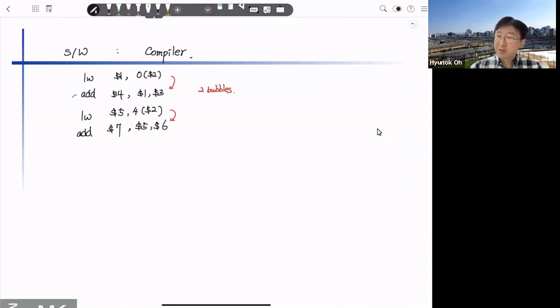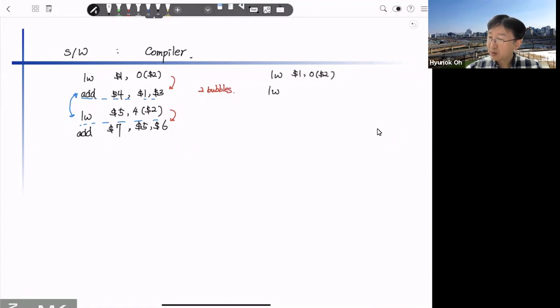Let's think about changing the location of these 2 instructions. Is it possible? Yes, because the add instruction and the next load instruction are independent, so we can change the order.